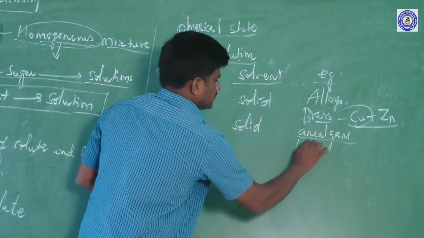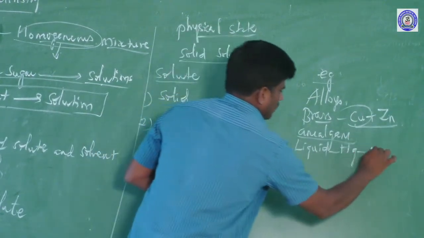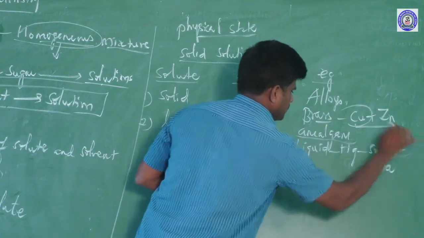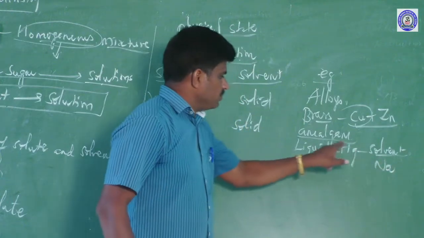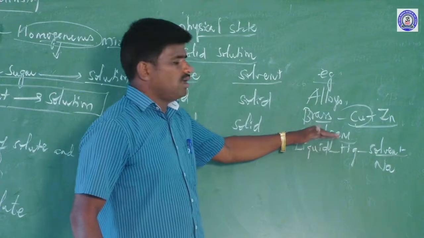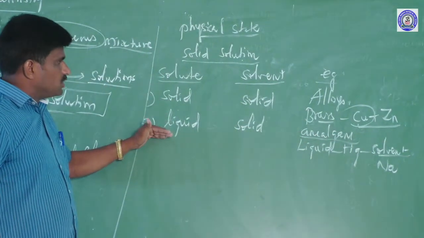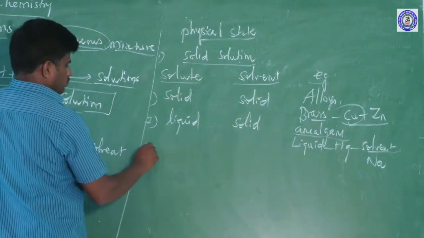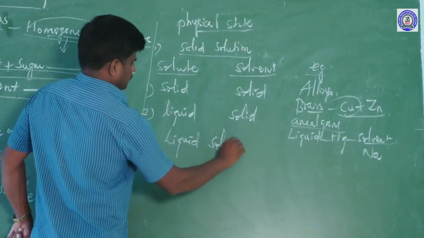Mercury acts as the liquid, and the solvent is the other metal added, for example sodium. Sodium is solid. Here sodium is mixed with mercury, and such a substance is called amalgam. So amalgam is the best example for the solid solution of liquid in solid. We go on to the second type of solution, that is liquid solution.